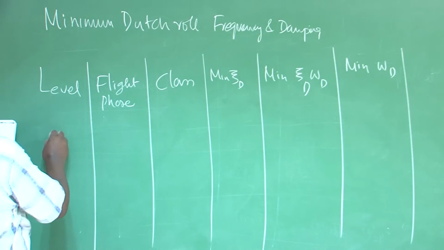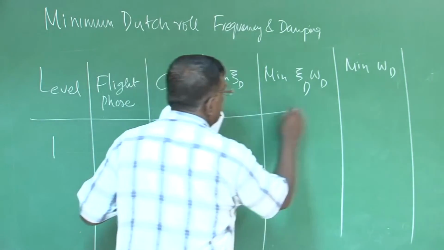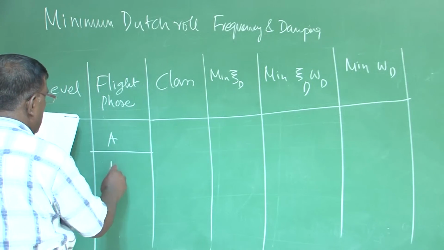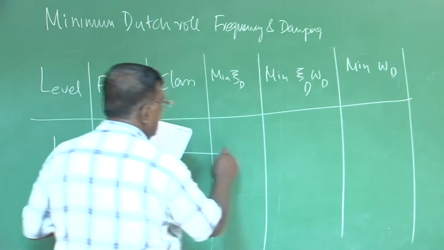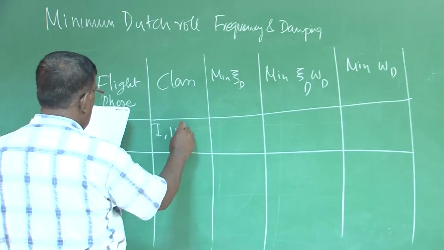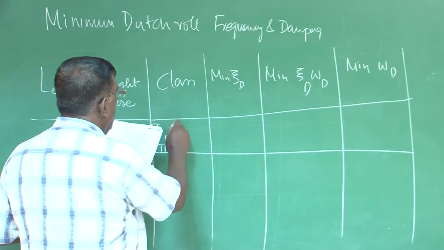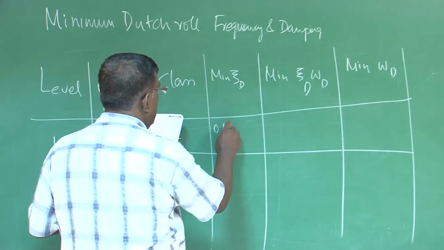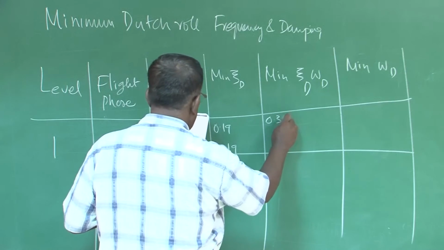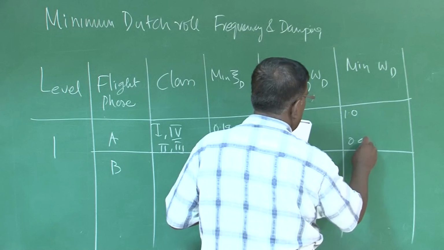If it is for level 1 qualities we are looking for, and if you have, let me draw a line, two types of class, 1A, 1B, this is class 1, class 4, class 2, class 3, then these values are, for 1 and 4, 0.19 minimum, here also 0.19, here 0.35, again 0.35, this is 1.0, and this is 0.4.